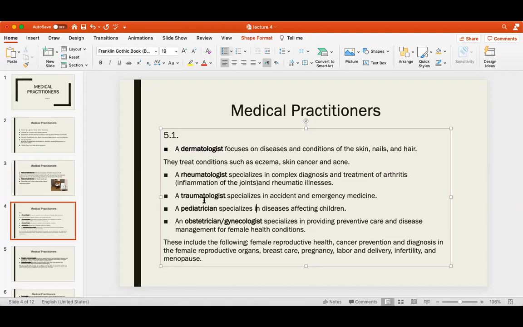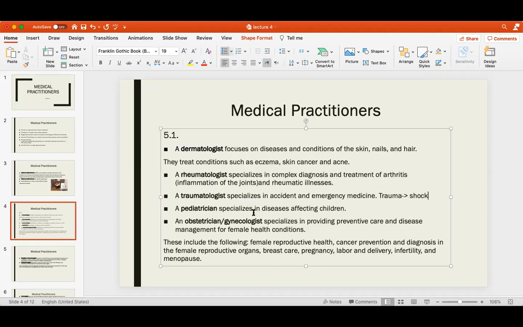Traumatologist. A traumatologist specializes in accident and emergency medicine. Trauma here, what is the meaning of the word trauma? Trauma means shock. So a traumatologist specializes in accidents and emergency medicine.